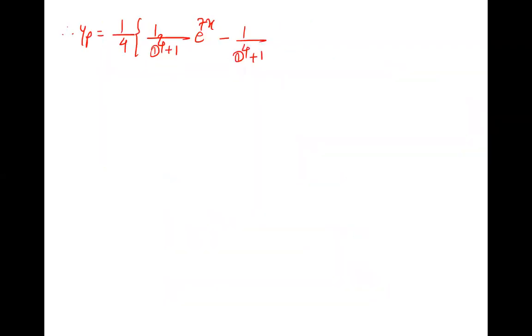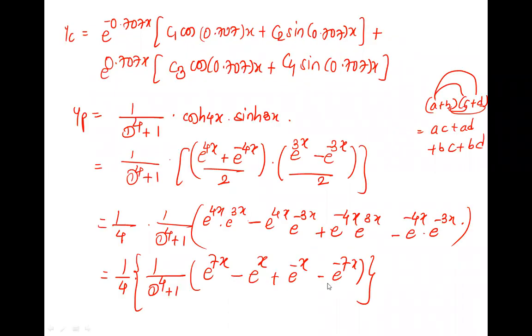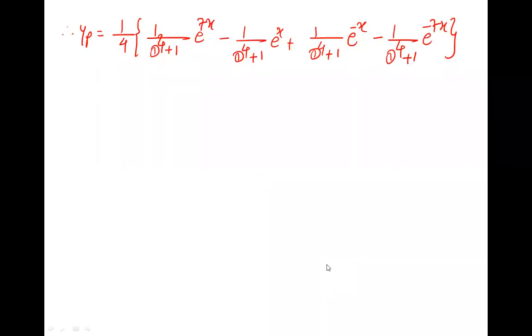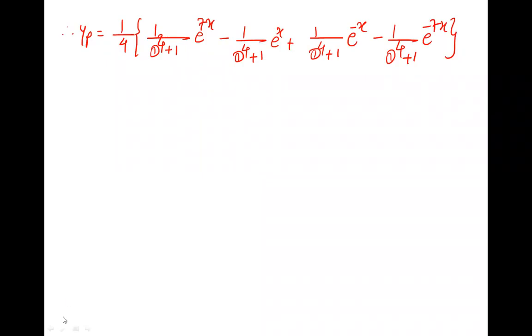Minus e raised to x, plus 1 upon d raised to 4 plus 1, e raised to minus x, minus 1 upon d raised to 4, e raised to minus 7x. Check the signs, please. Plus minus, correct.